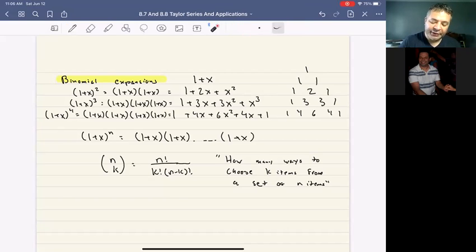So this 6 represents how many different ways you can multiply to get x squared here. So that is 4 choose 2. You've got x squared here, that's 1. You've got this x with this x here, that's 2. This x with this x here, that's 3.